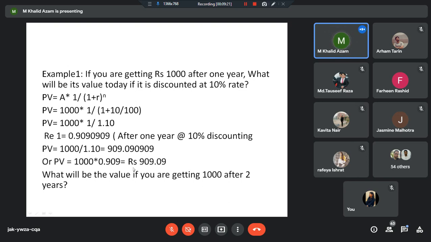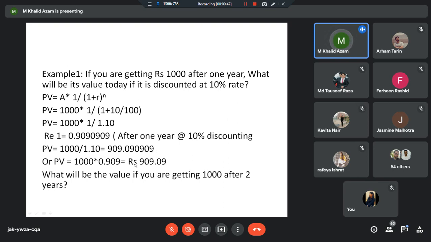It is only about 909 rupees, and you can ignore the paise. So 909 rupees.